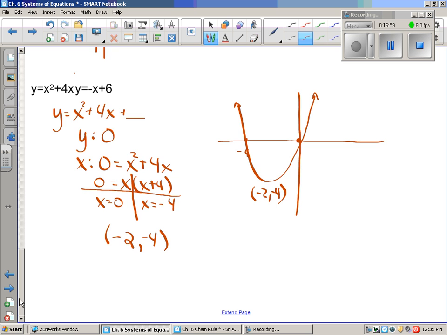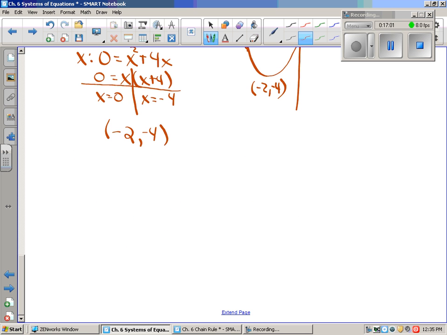Now let's quickly do the line, and then we've got to solve this thing. We're still not even through the solving part. With the line, what's the y-intercept? 6. The x-intercept requires a little more work. That's where we plug 0 in for y and solve it. So, Eta, how are you going to solve that? 0 equals negative x plus 6.